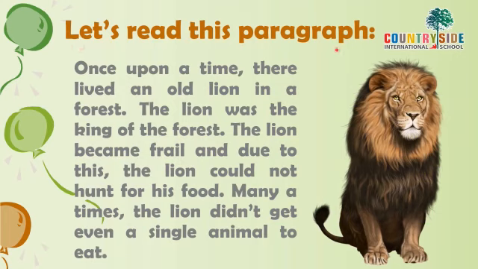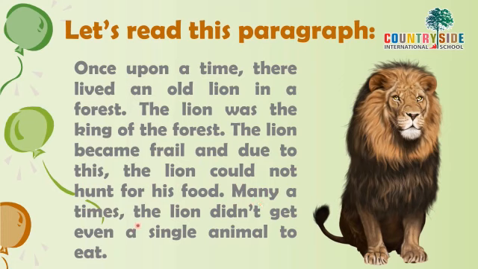Let's read this paragraph and find out something. Once upon a time, there lived an old lion in a forest. The lion was the king of the forest. The lion became frail. Frail means weak. Due to this, the lion could not hunt for his food.